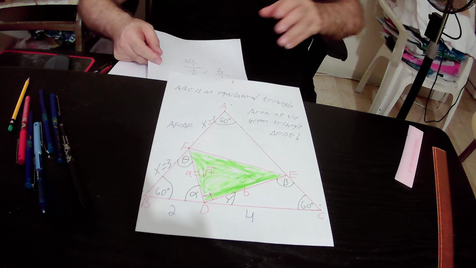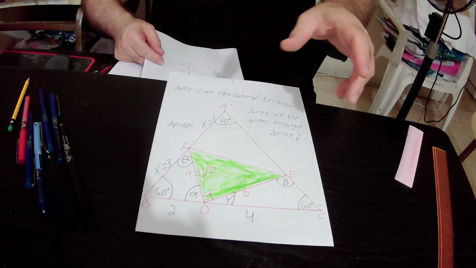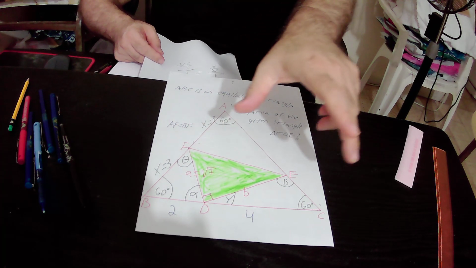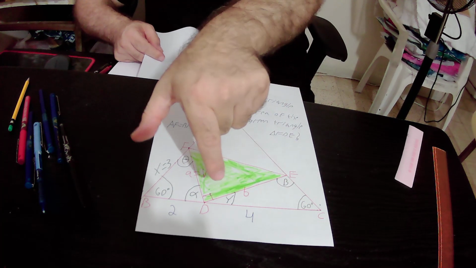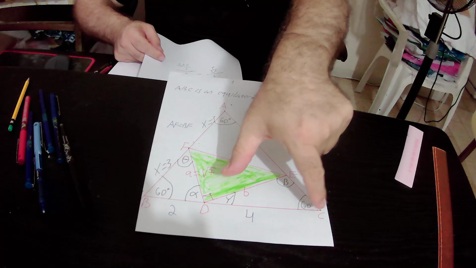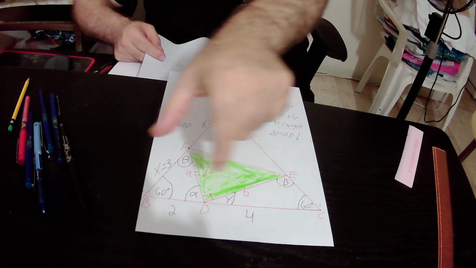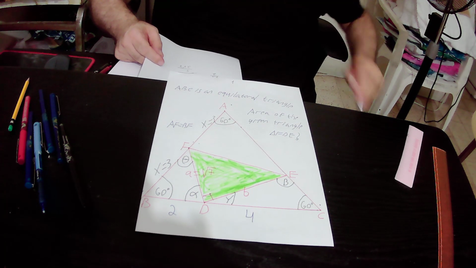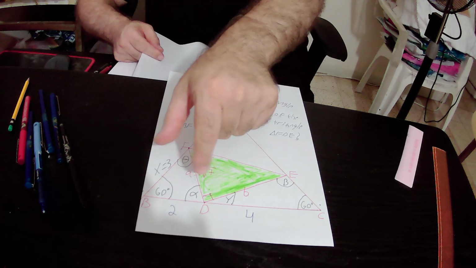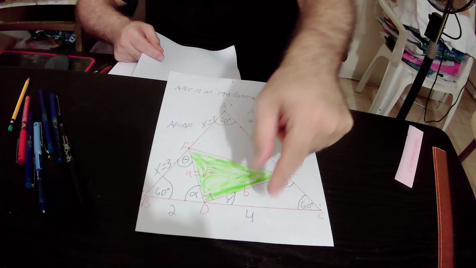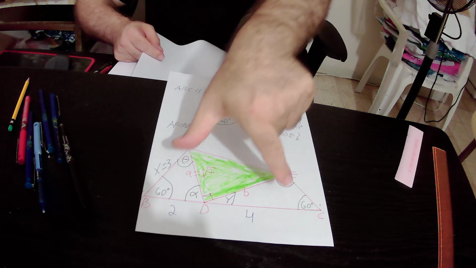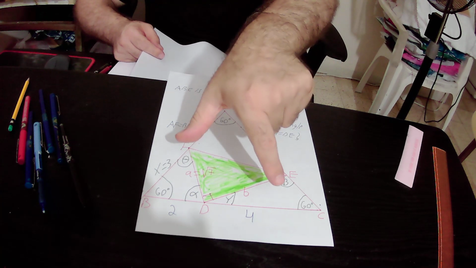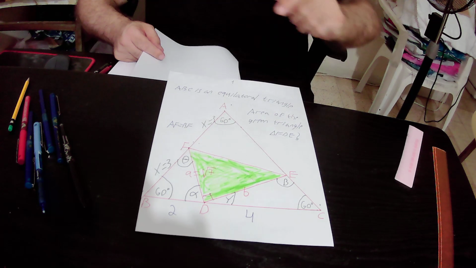First of all, what is the size of BC? BC equals BD plus DC. But we know that BD equals 2 units and DC equals 4 units. So BC equals 2 plus 4. So the size of BC is 6 units.